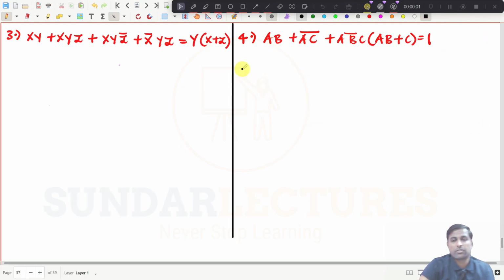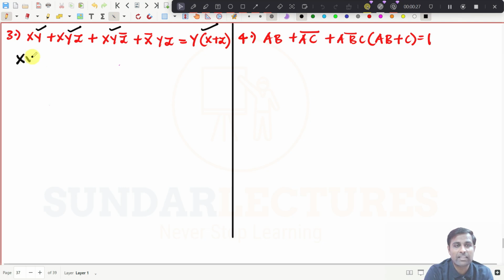The next one, see here, this is the expression and we need to prove this expression as y into (x plus z). So look into this expression now. This has xy, this also has xy, this also has xy, and this doesn't have xy. So xy is common in three terms. So you straight away take this xy outside, so that this becomes 1.